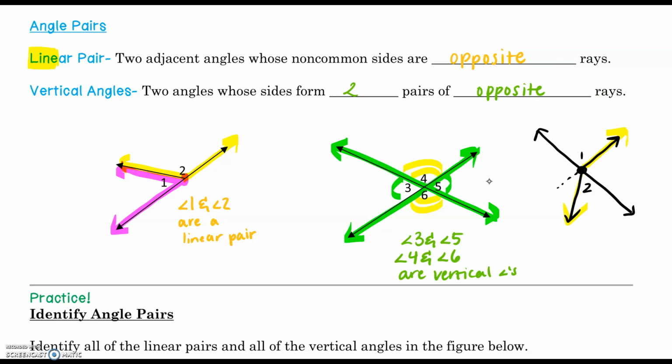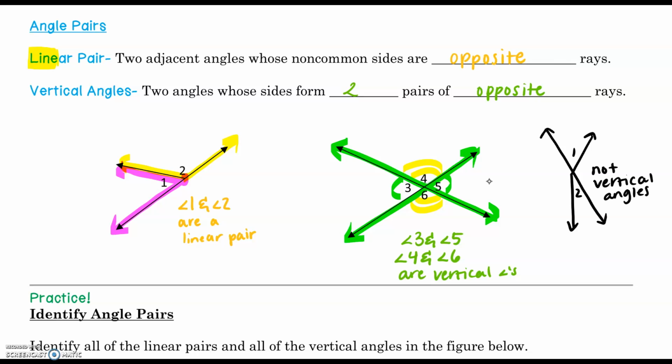If this side was here instead, right, then 1 and 2 would be considered vertical angles. But because that side does not form opposite rays and does not form a line, those are not vertical angles. So these are not vertical angles because those sides do not form opposite rays.